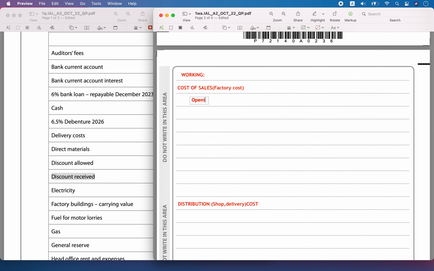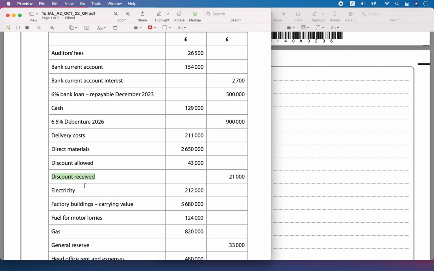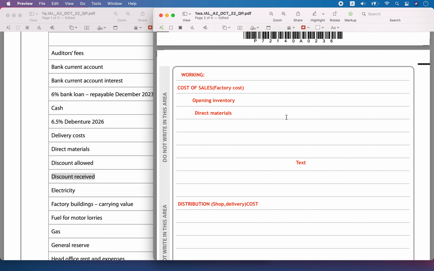So the general formula will be opening inventory, plus the direct materials purchased, less any discount received, and less the closing inventory.